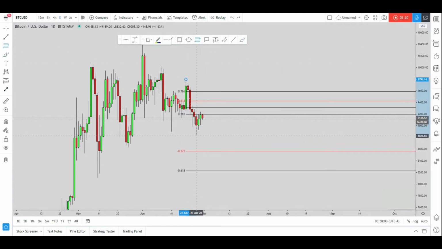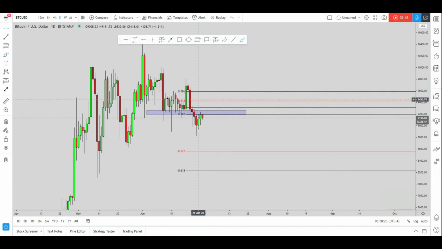Taking a Fibonacci from the high to the low of the impulse, and what we can see is that we have a 0.382 Fibonacci retracement lining up pretty nicely with this previous daily support, now turned resistance at this area. So we have a confluence of resistance inside of this zone.